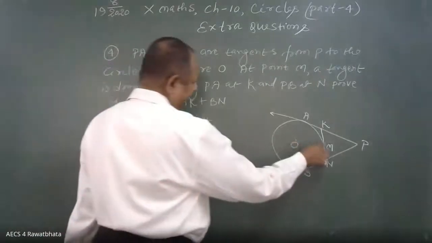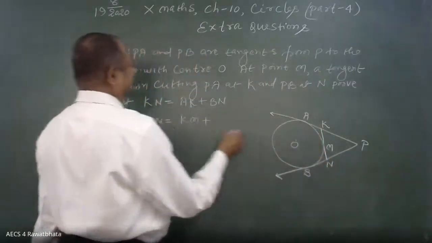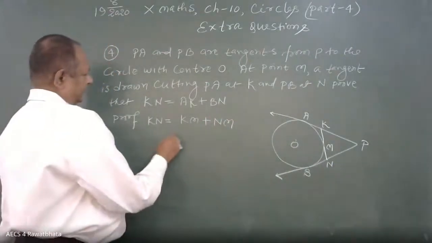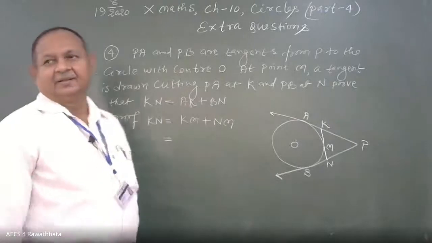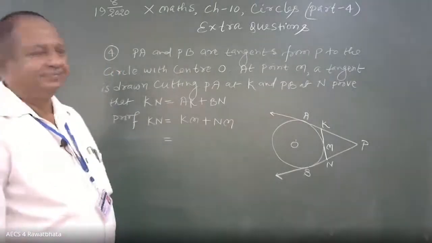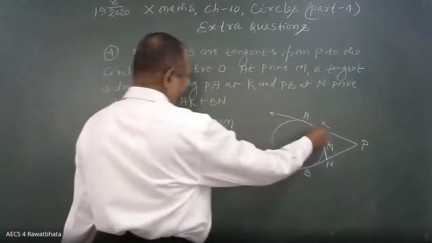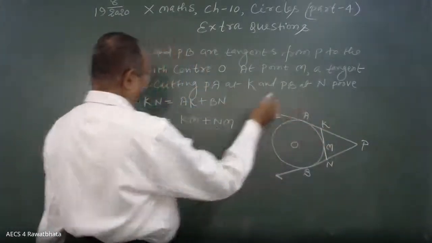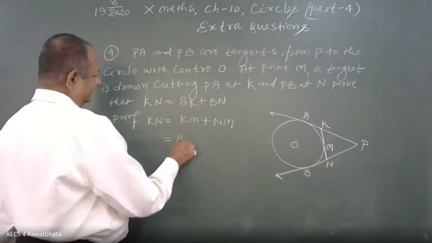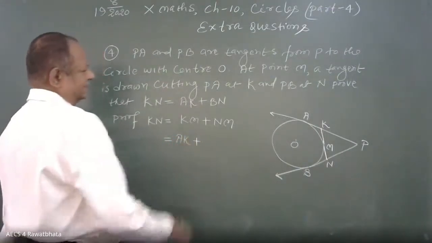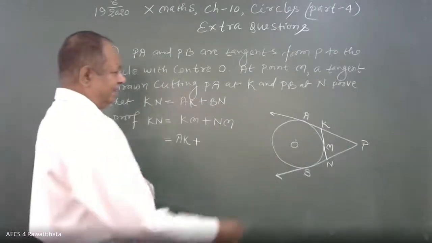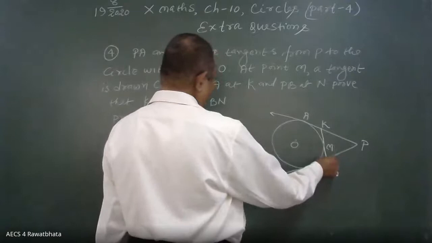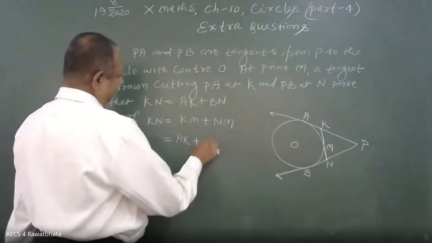Now KM will be equal to AK, plus NM. This NM can be written as BN.